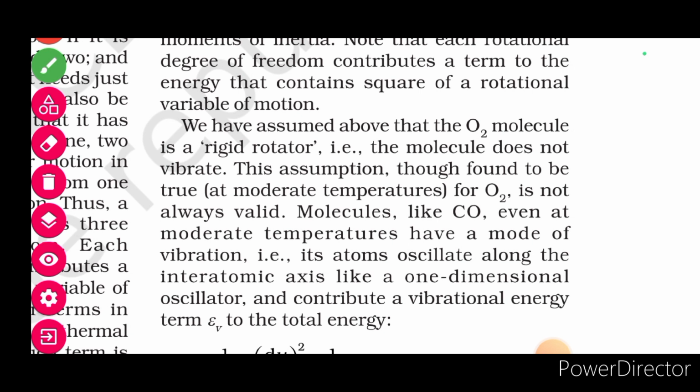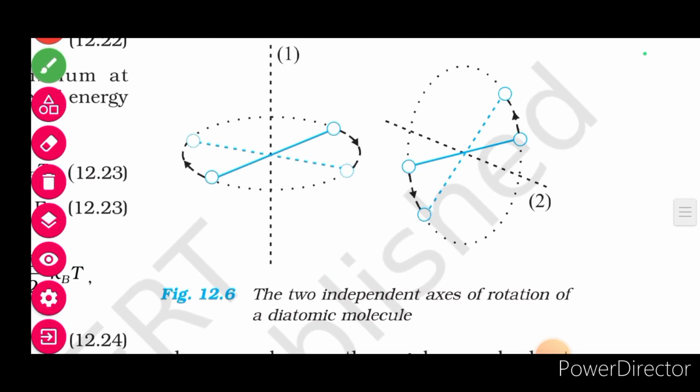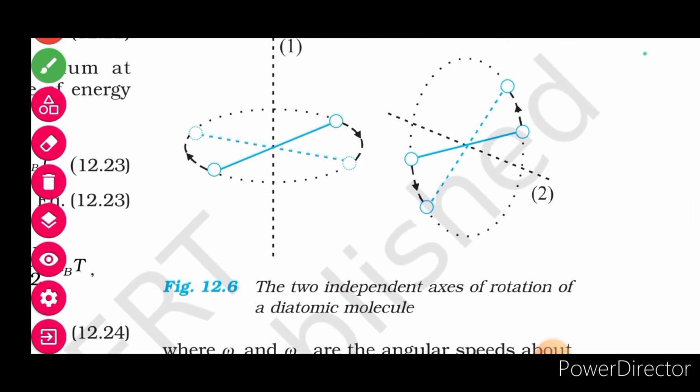That discussion was for low temperature. Rigid rotator means the distance between these two atoms is fixed. But at high temperature what will happen? It will not be fixed, it can vibrate. So vibration will also contribute to energy.